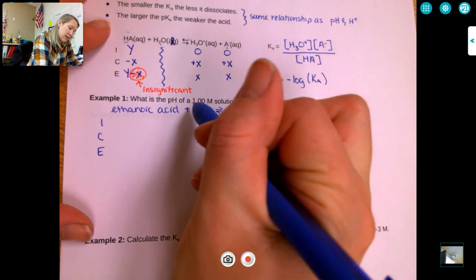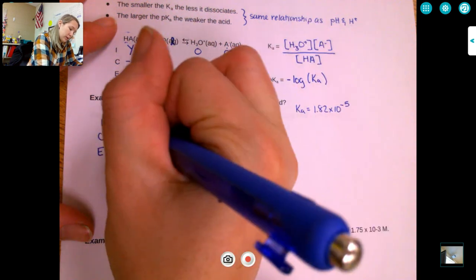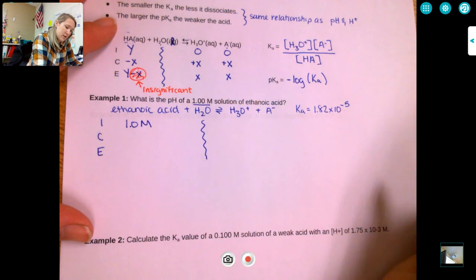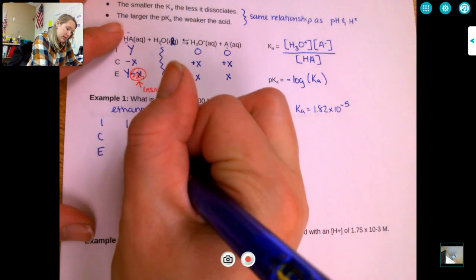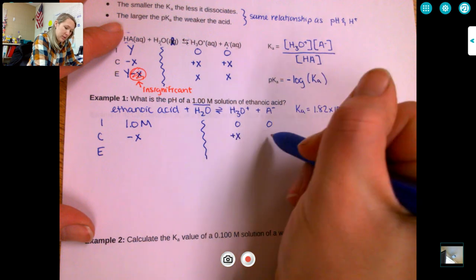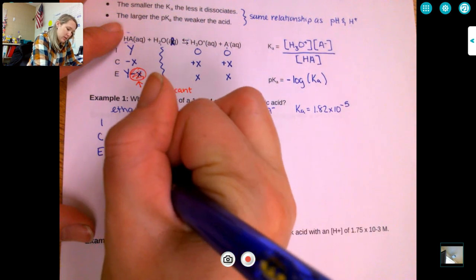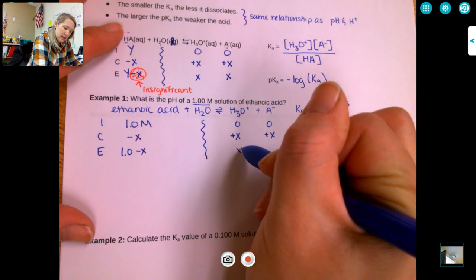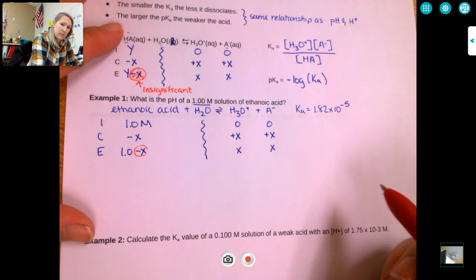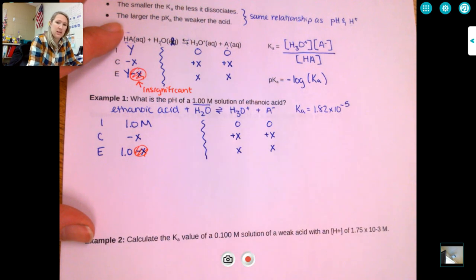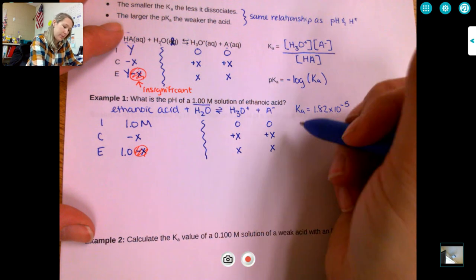So we're told initially we have a concentration of 1.0 molar ethanoic acid, nothing for our hydronium or our anion. Change of minus x, plus x, plus x, 1 minus x, x, and x. And again, this is a weak acid, so this part, my change over here, is insignificant, so I can ignore it.